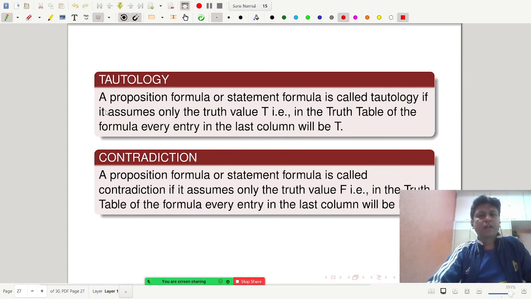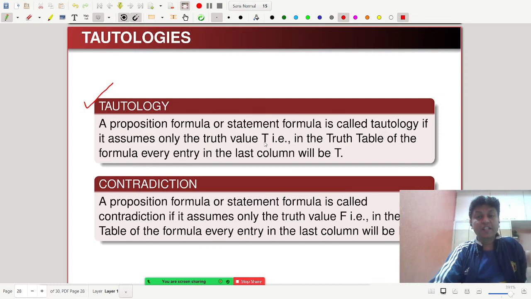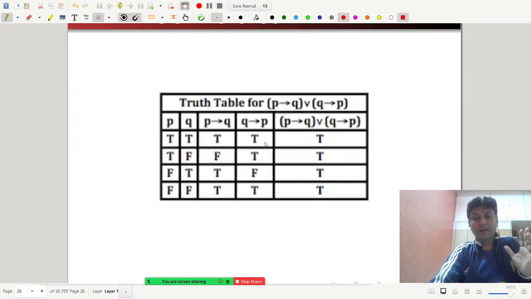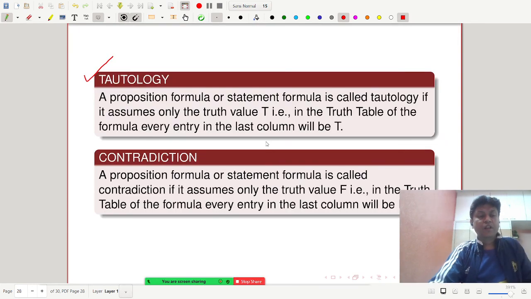Let's have the tautology. Now finally we are at the final table, tautology. What is a tautology? A proposition formula or statement formula is called a tautology if it assumes only the truth value T on all the corresponding cases.